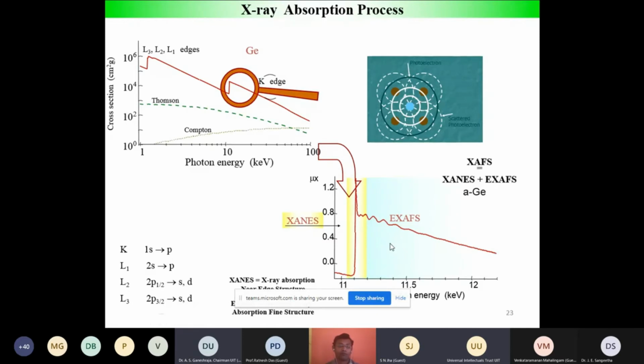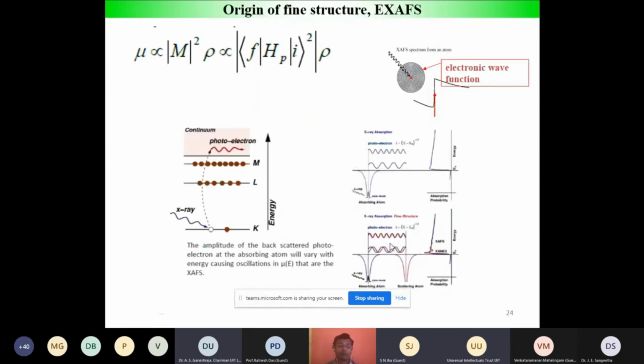Okay, so what is the origin finally of this fine structure? Basically it can be understood by using the dipole matrix element, which is proportional to the final state wave function, the Hamiltonian and the initial state.